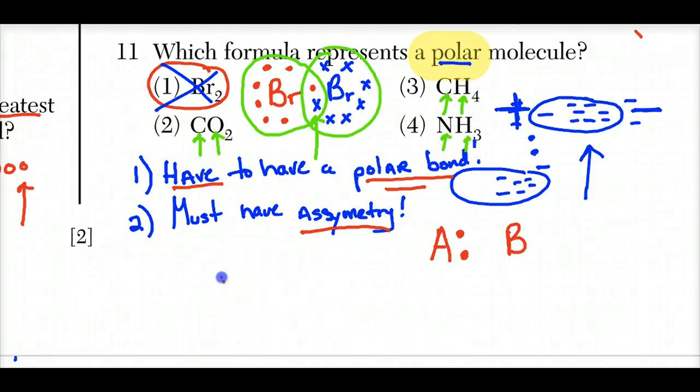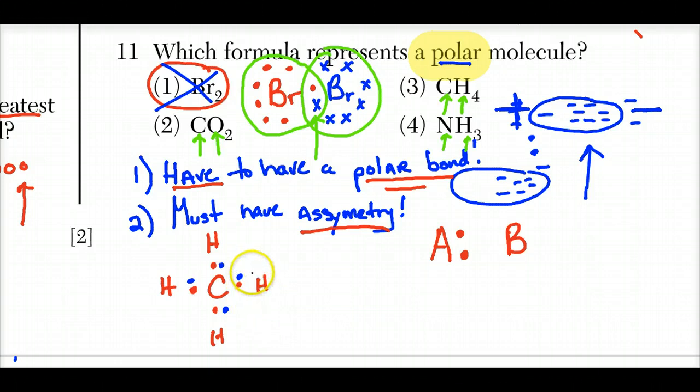Case in point, here's methane. Methane has 4 polar bonds because there are 2 different nonmetals. Carbon has 1 valence electron, and hydrogen has the other. And everybody's happy. Carbon has its 8, hydrogen has its 2 that fills the first energy level, and there it is.